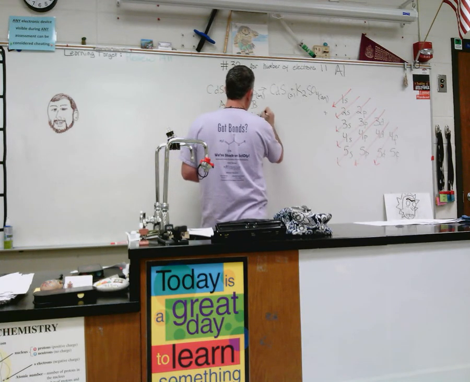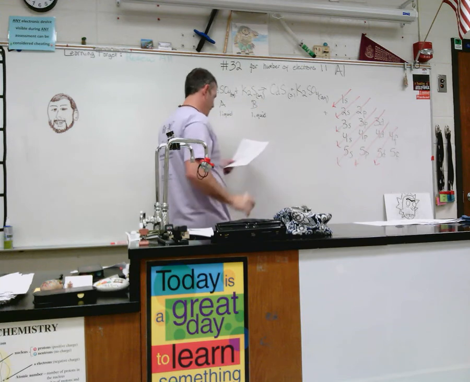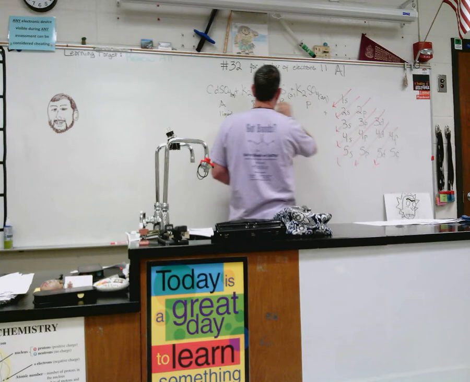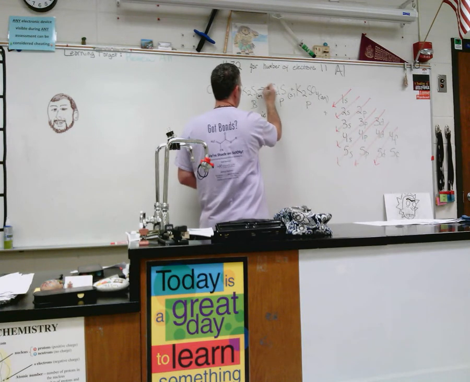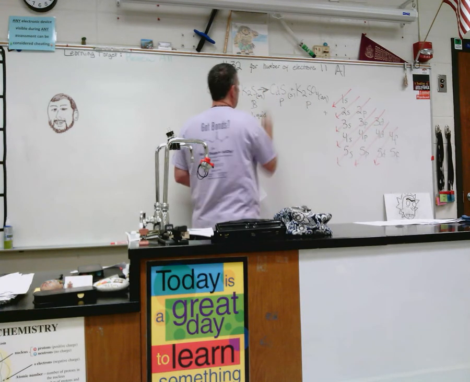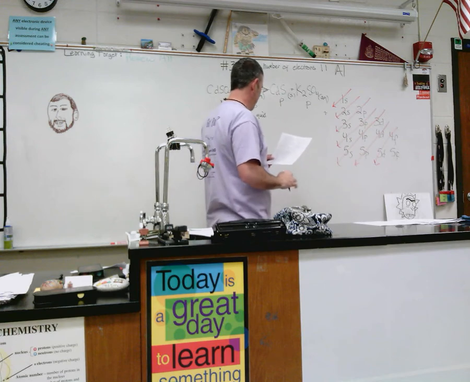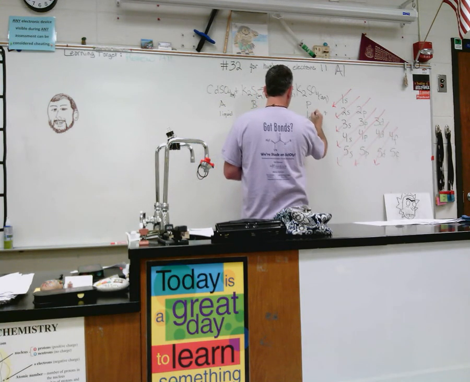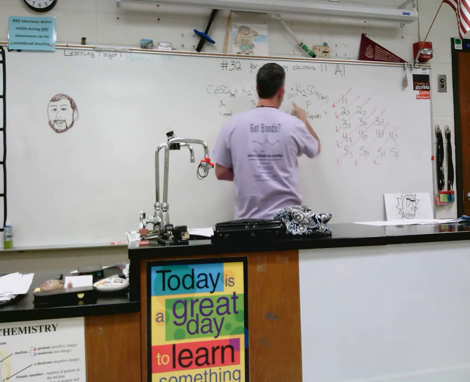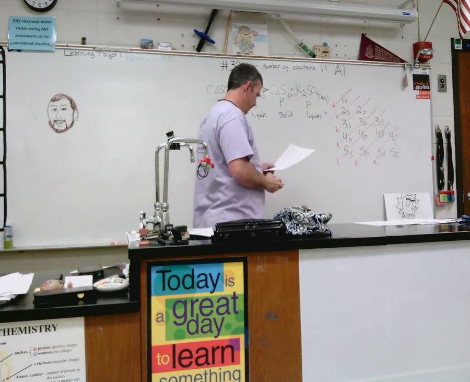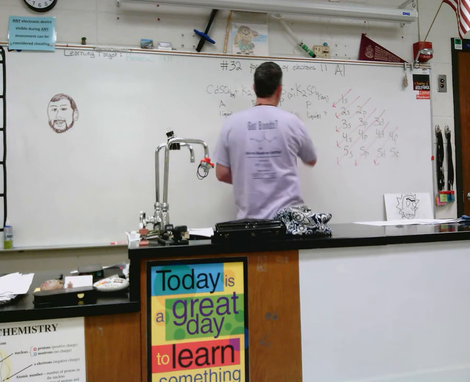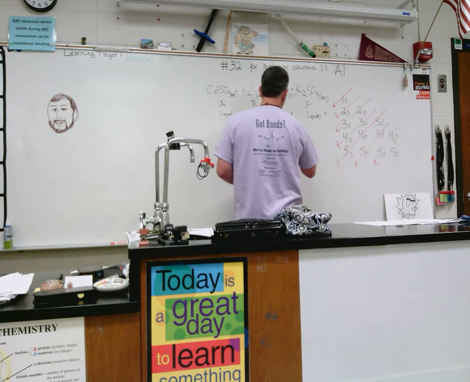I know this because of that aqueous symbol. List products, P, P. Anything on that side of the arrow is a product. States of matter, solid and liquid, as evidenced by the little s and the little aq. So the precipitate in the equation is CdS, because it's that solid.